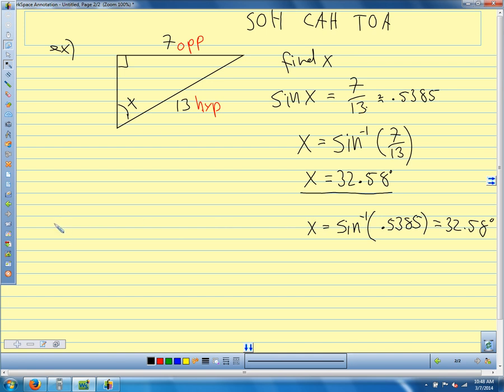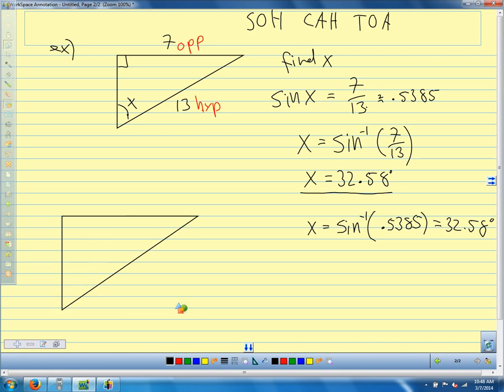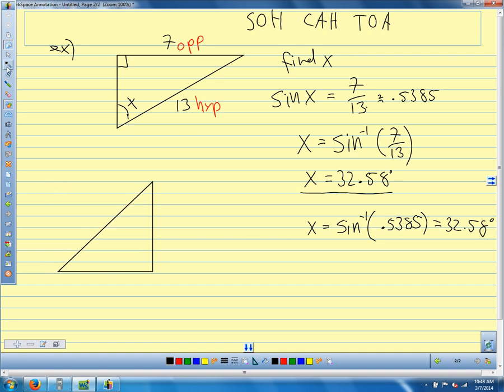All right, let's look at another example. So here's our triangle this time. I'm going to call this angle theta. We like to use this Greek letter theta when we're doing trigonometry. So if you see that, don't let it freak you out.